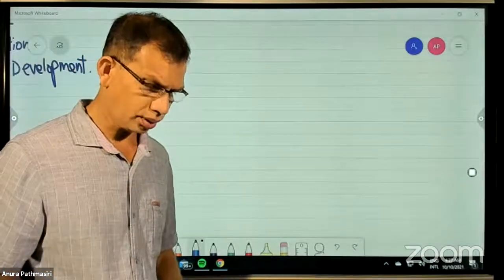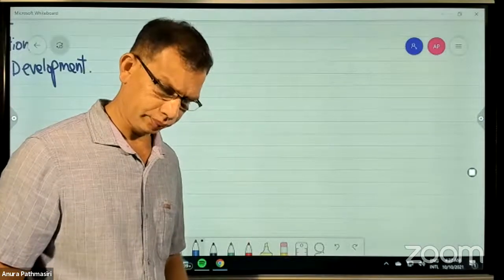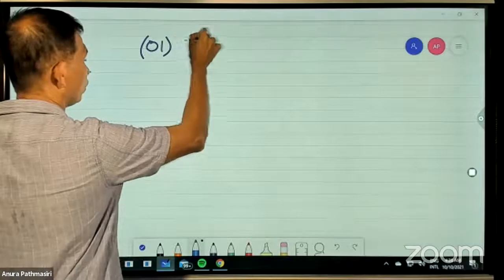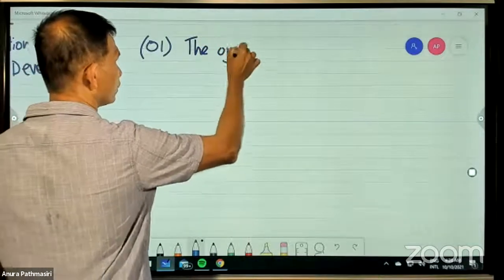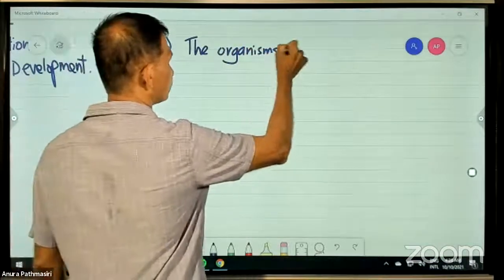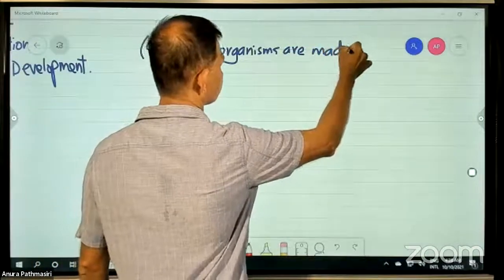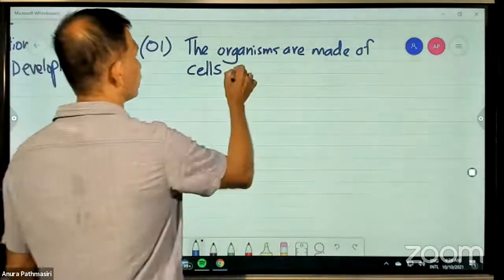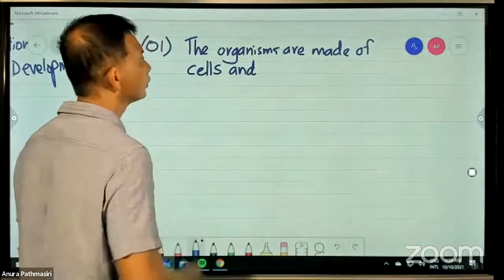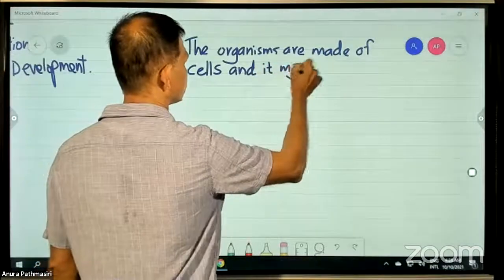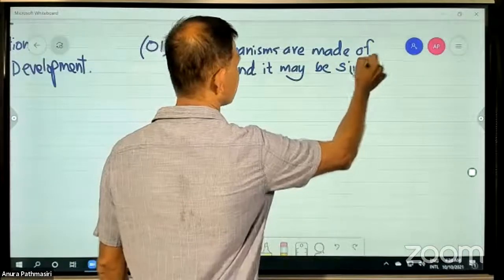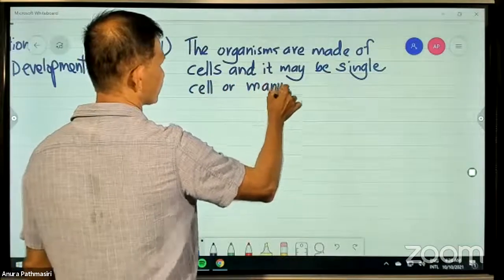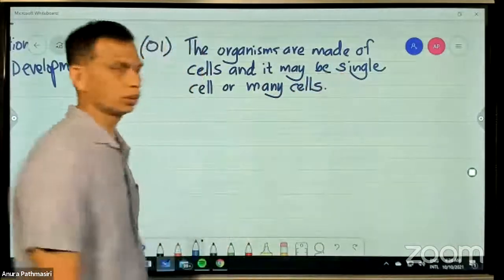The organisms are made of cells, and it may be a single cell or many cells.